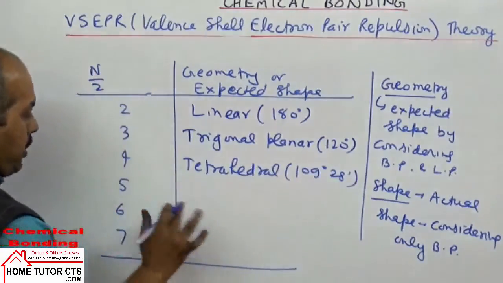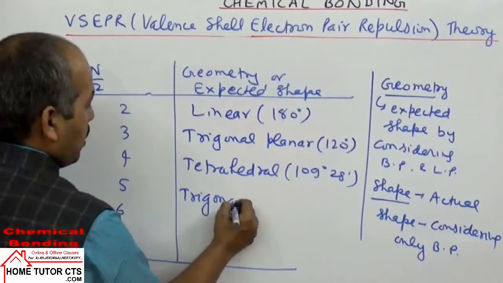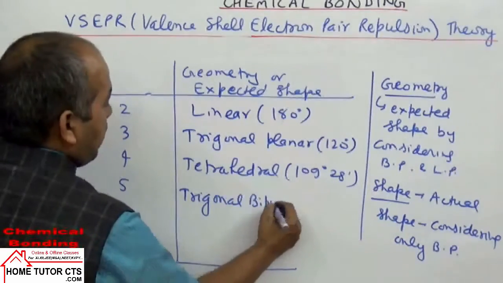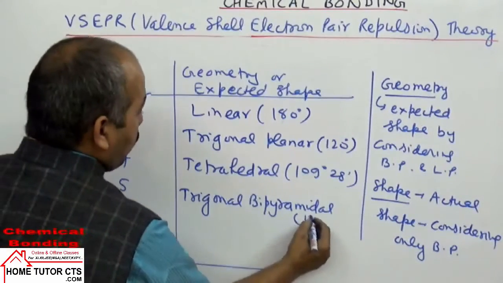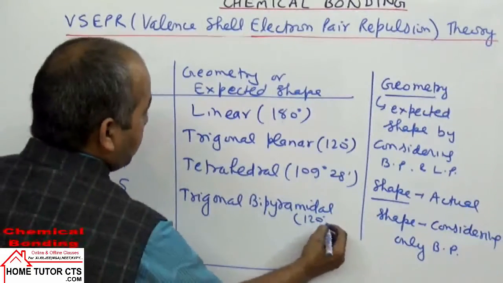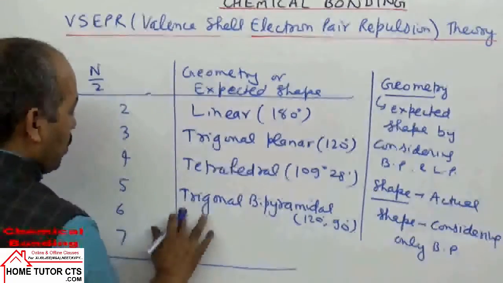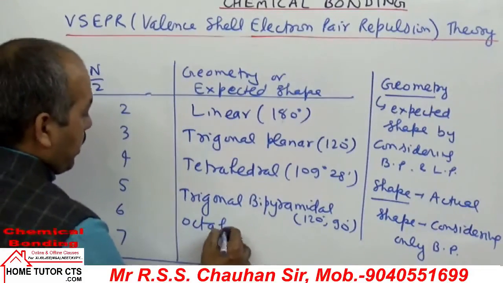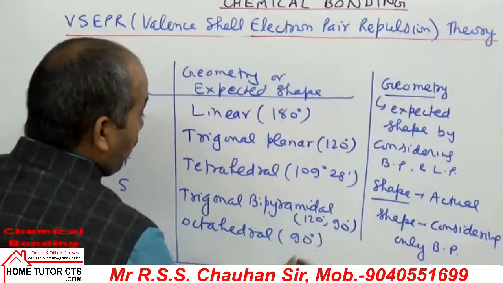We'll show all the shapes, don't worry. For 5 it is trigonal bipyramidal, which has 2 kinds of angles, 120 degrees and 90 degrees. Then for 6, it is called octahedral, with all angles 90 degrees.